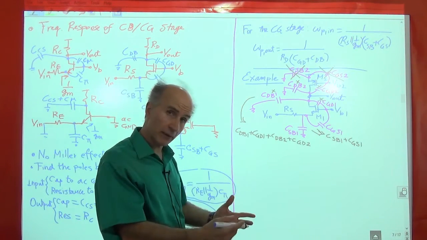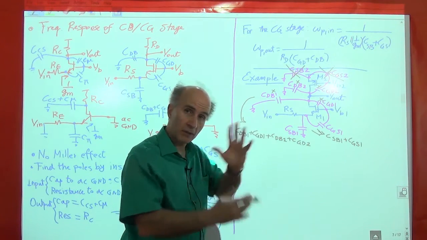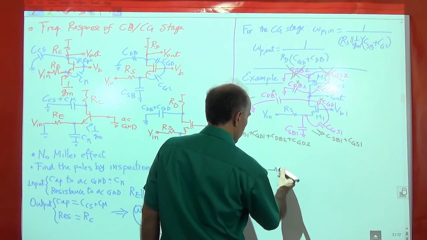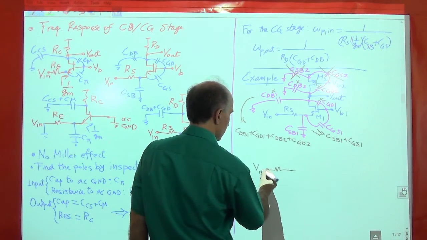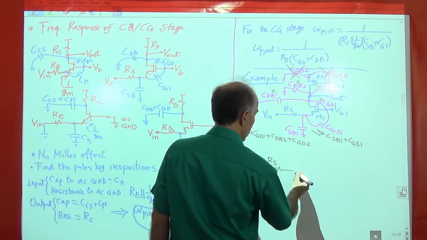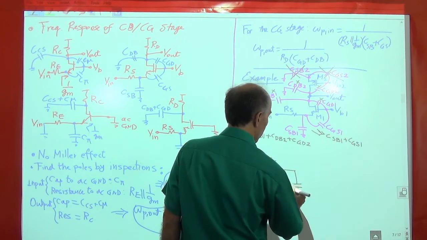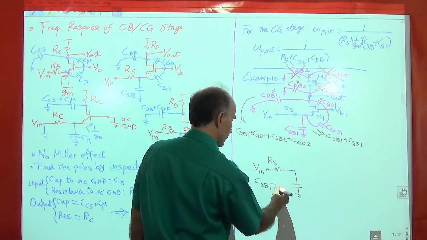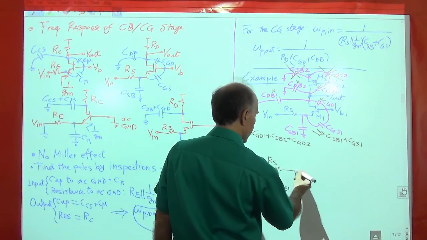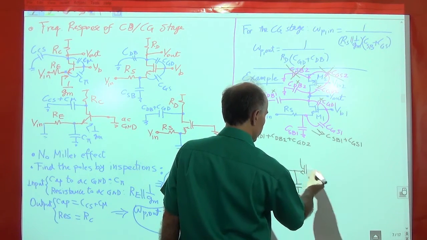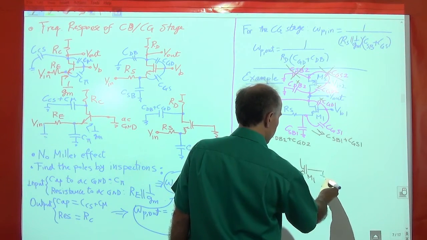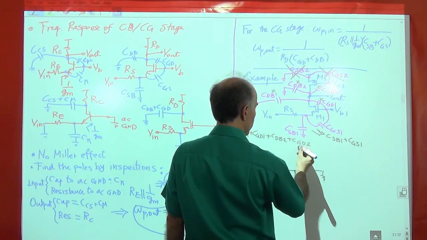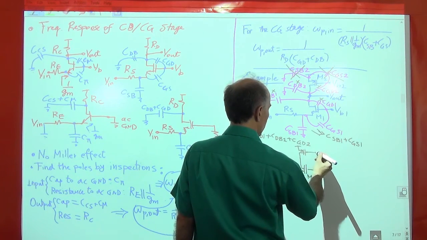Okay, so let's redraw the circuit with all these eliminations and combinations taken into account. All right, so here's what we have. We got V in, RS, then we have a cap at the input to ground, which is just the sum of these two. So we have CSB1 plus CGS1. Then we got the transistor itself, M1, with the gate at AC ground. Then we got M2 sitting here with the gate at AC ground.